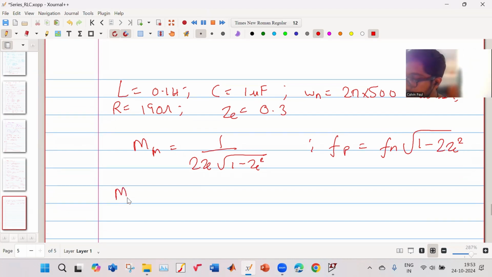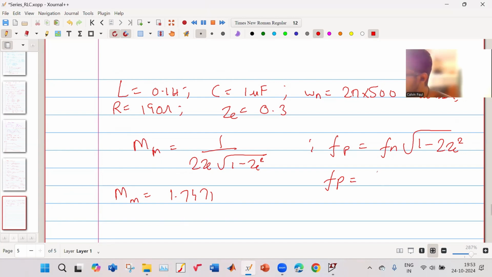So this peak is given by 1 by 2 zeta into square root of 1 minus zeta square. This is equal to 1.7471, and the peak frequency is given by 500 times square root of 1 minus 2 times 0.3 square.